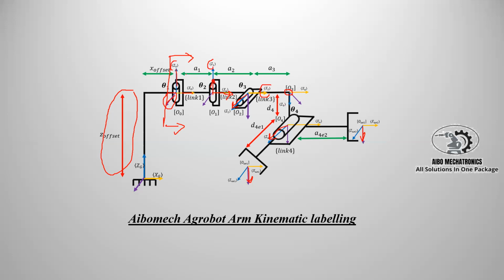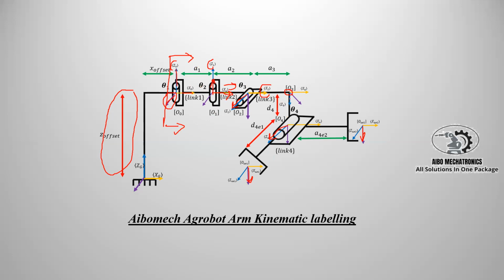When we come to the parameters, you can see a1 is the perpendicular distance between the z-axes, in the direction of the current x-axis. So it is along the x-axis, and a1 is in coincidence with x1. A2 is in coincidence with x2 and is also the perpendicular distance between z2 and z1.